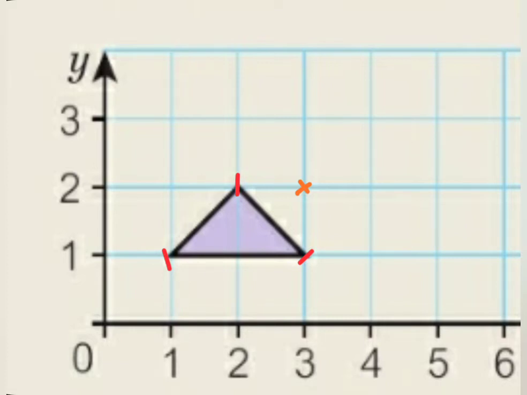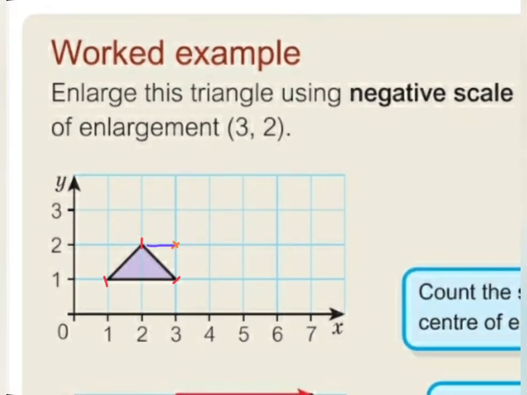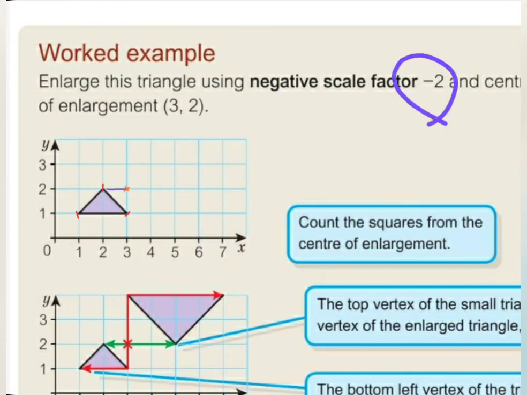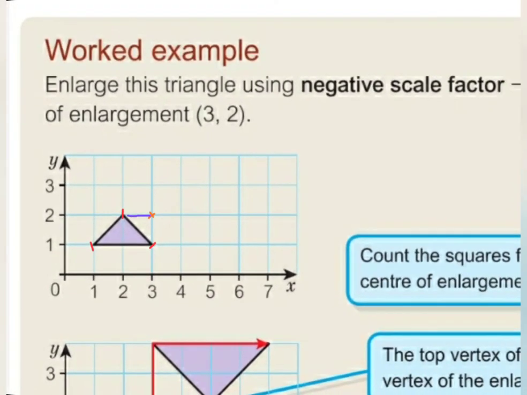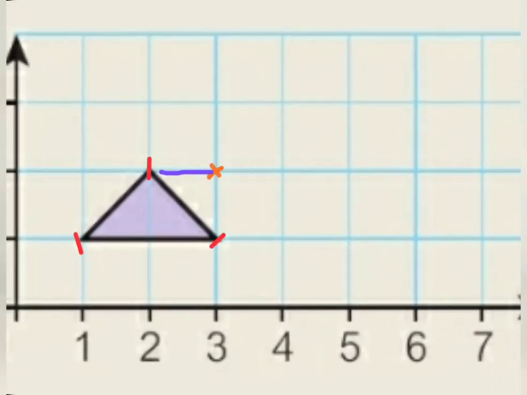For example, let me show you this. The distance between this point, or center of enlargement, and this point on the shape is 1 box, as you can see. So when we multiply it by the scale factor, which is -2, we get -4. So basically it's 2, because 1 multiplied by 2 is 2.